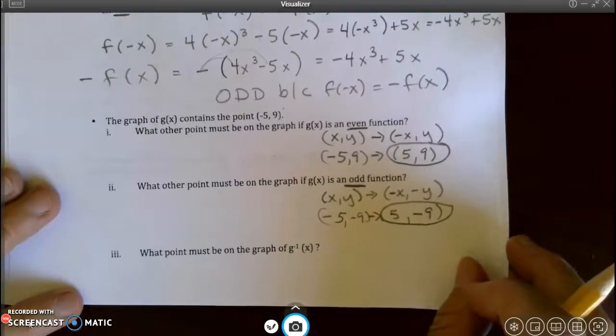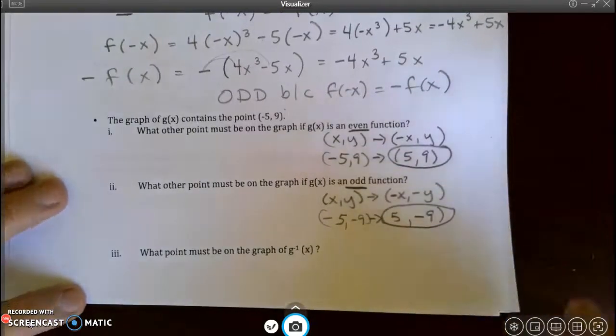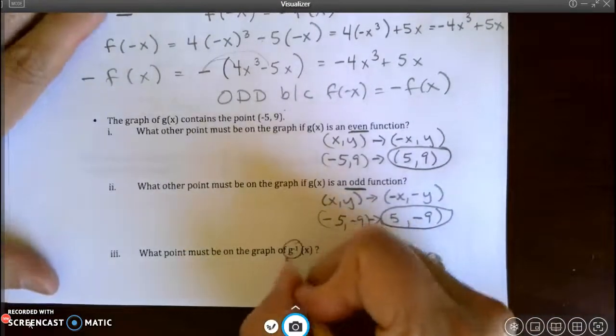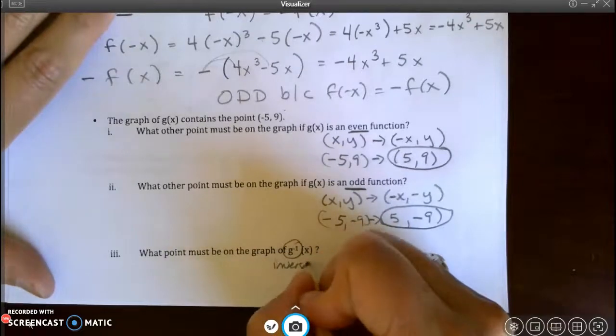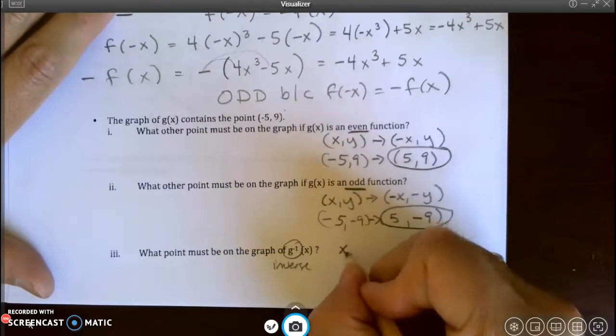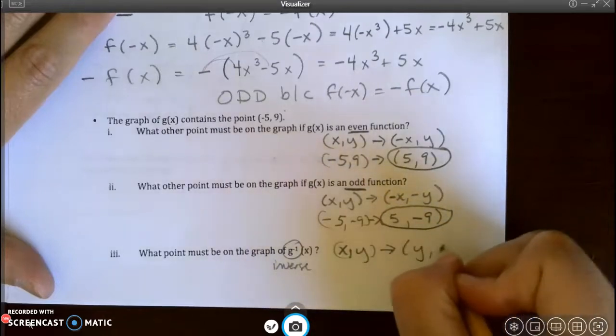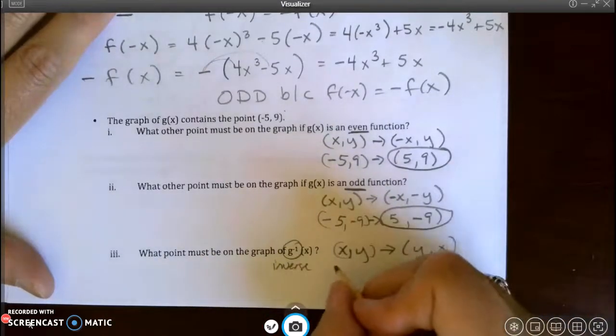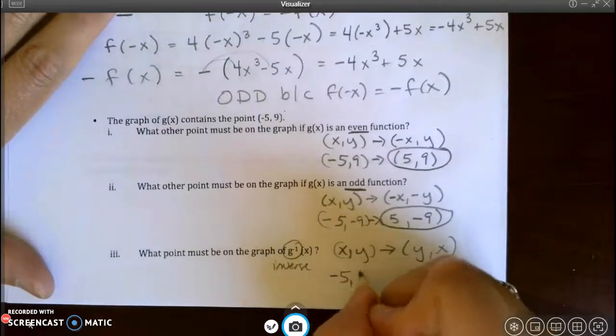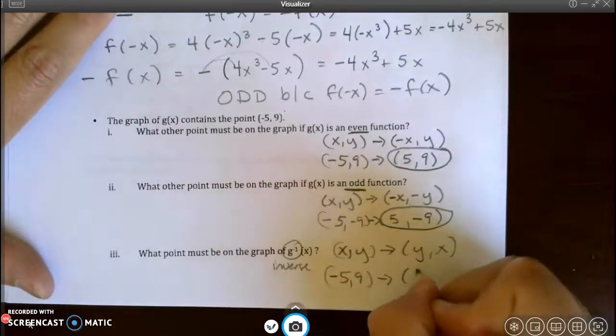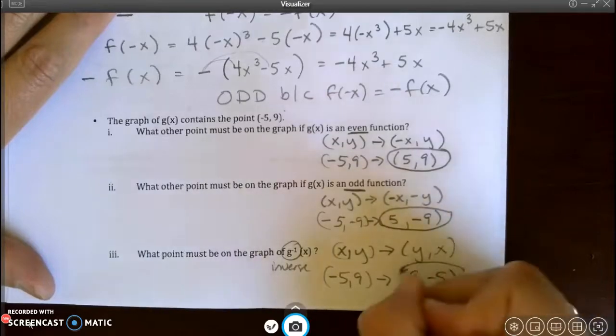And what point must be on the graph of the inverse? Because remember, this means inverse. So that's when x, y switches and becomes y, x. So negative 5, 9 switches to 9, negative 5.